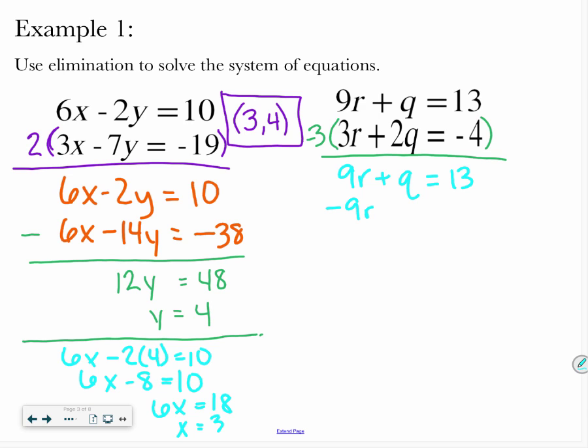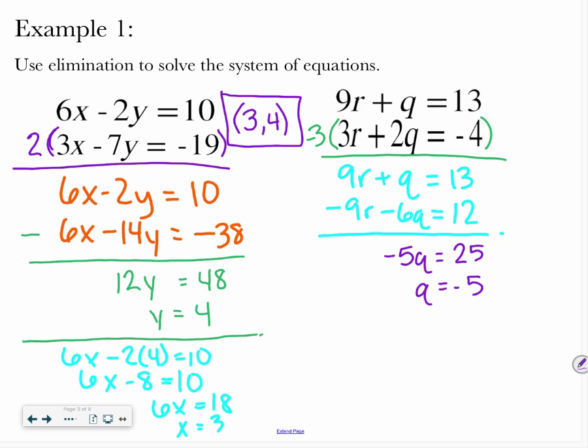Negative 3 times positive 2q becomes negative 6q equals a positive 12. Now all I have to do is add these numbers together. So my 9r's cancel. I'm left with negative 5q equals 25, where q equals negative 5.